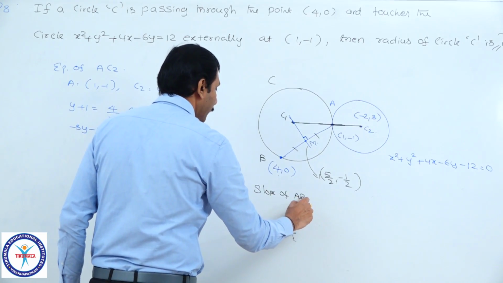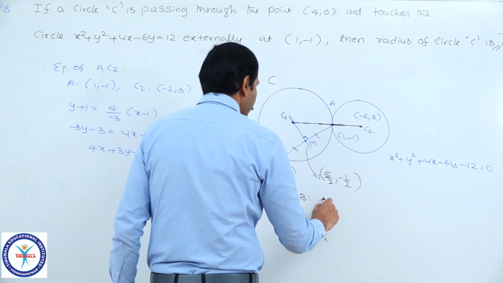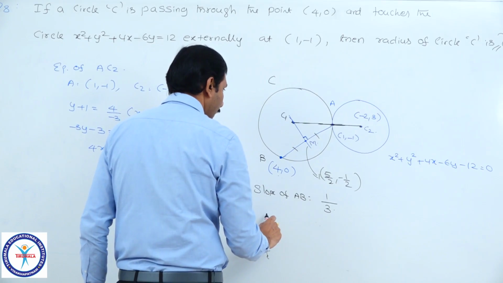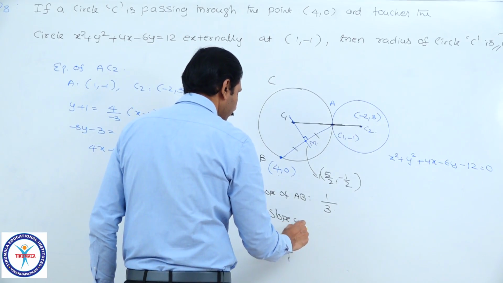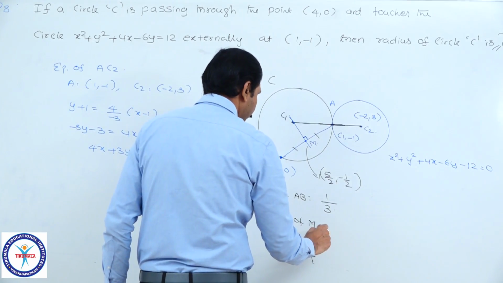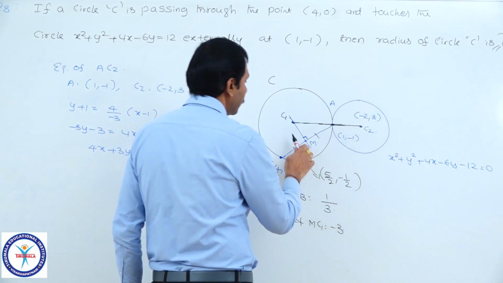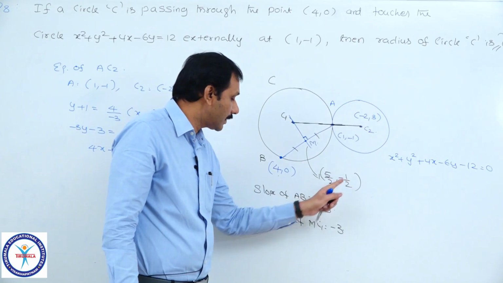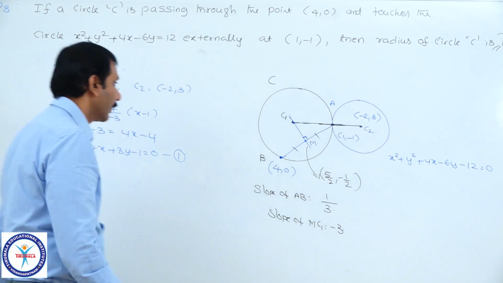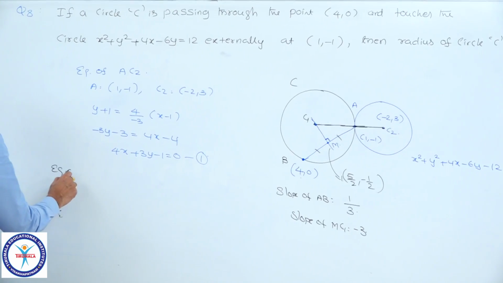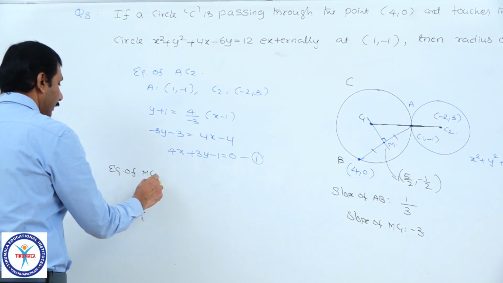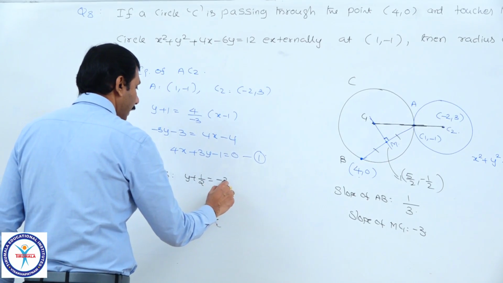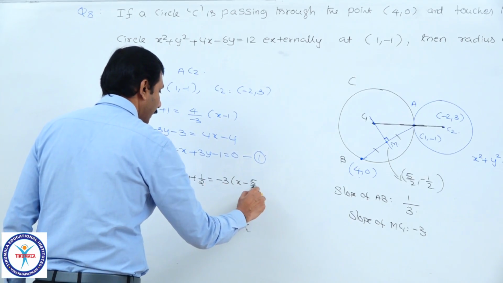Slope of AB is (0 + 1)/(4 − 1), it is 1/3 only. Hence the slope of MC1 is −3 because it is perpendicular. Now, I will write the equation of the line passing through this point with slope −3. Therefore, the equation of MC1 is y + 1/2 = −3(x − 5/2).